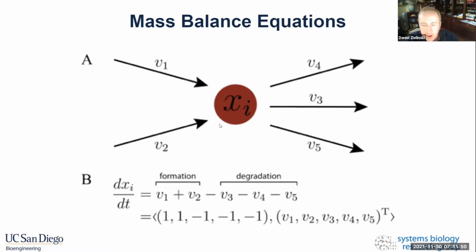And we talked about already how you can formulate a mass balance describing the consumption and production of this metabolite. So we have here our differential equation, the change in this metabolite over time, and it's just the production fluxes that add to it minus the consumption fluxes, so minus each of the fluxes that consume it.